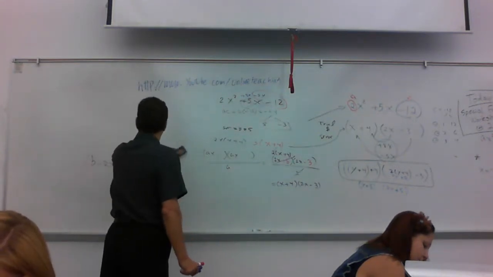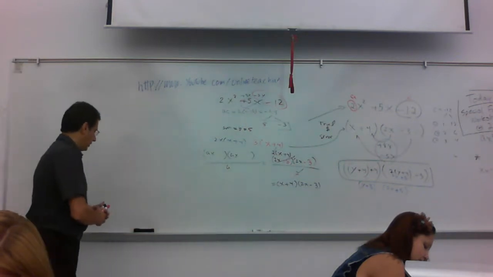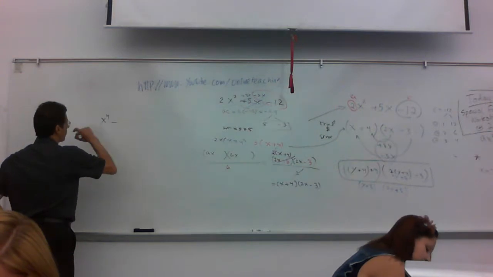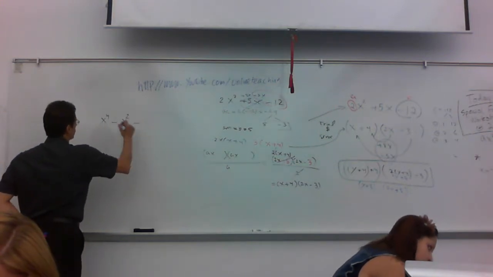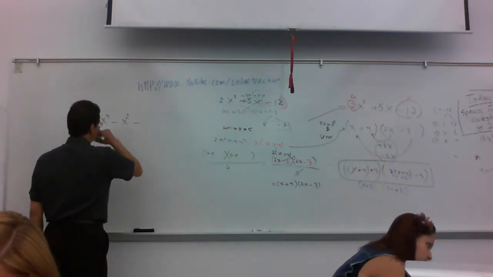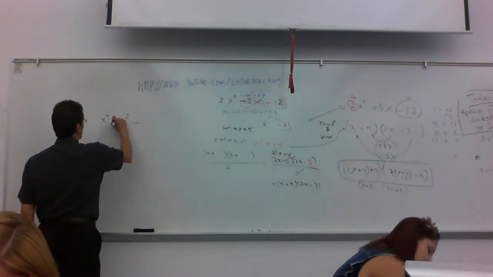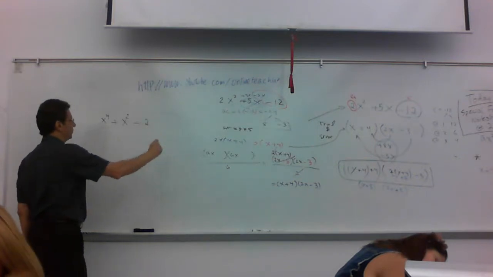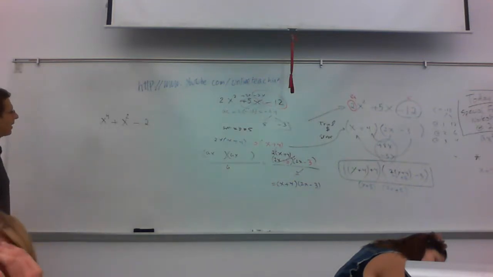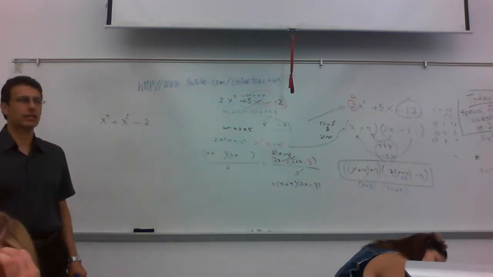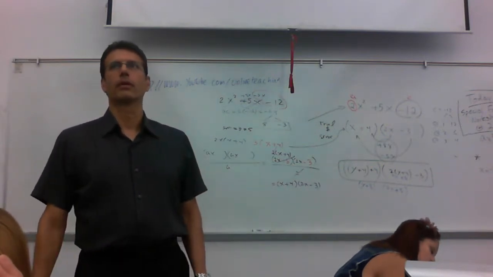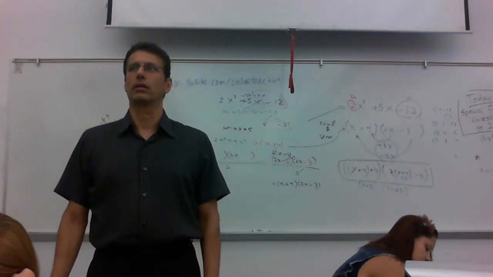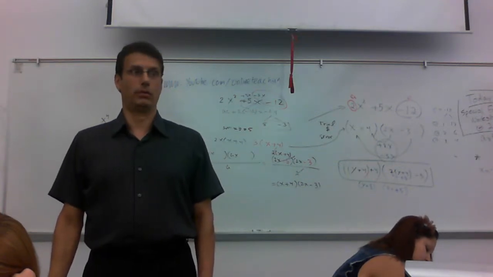If you happen to have the following case, let's say x to the power of 4 minus x squared plus x squared and minus 2. All right. If you want to factor this out, class, you have two choices. You can do it just the way it is, or you can do it by substitution.